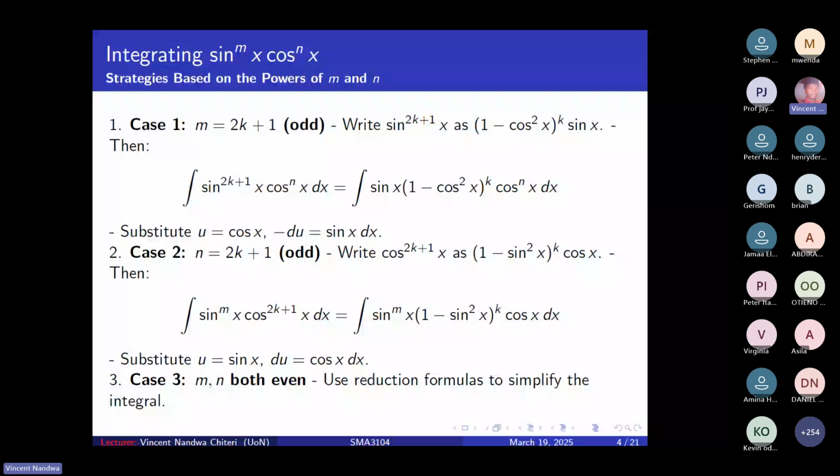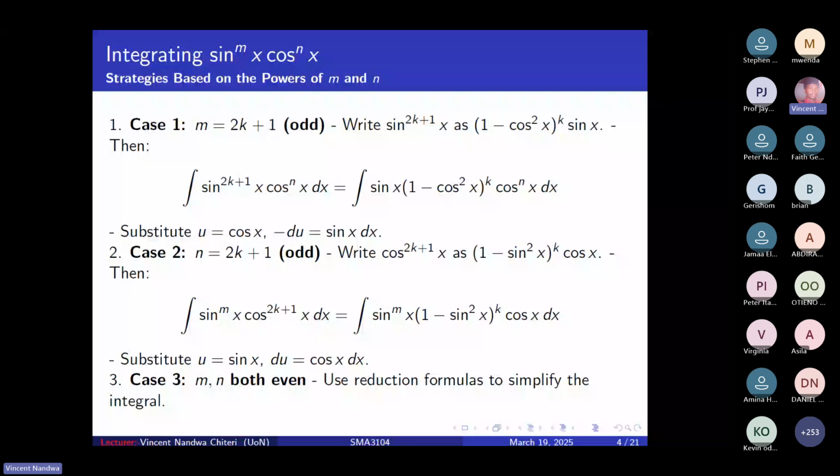And you can use case 1 or 2 when all the powers of the product sine and cos are odd numbers. But the last case is when both m and n are even numbers.